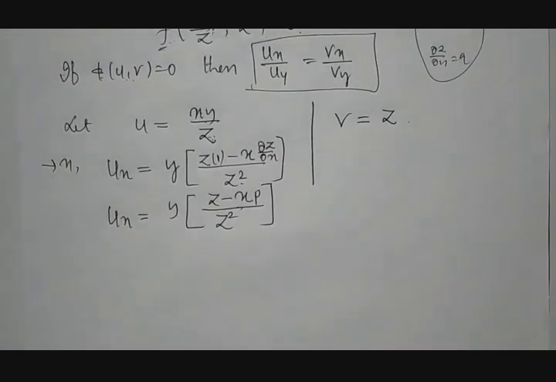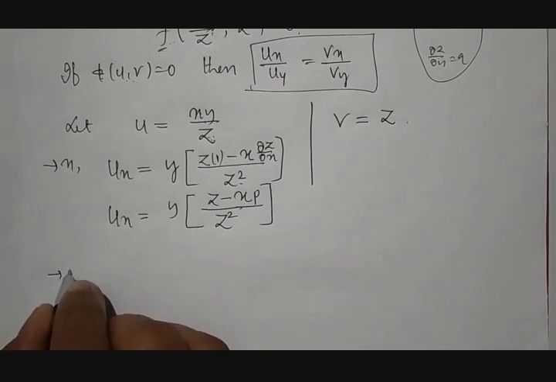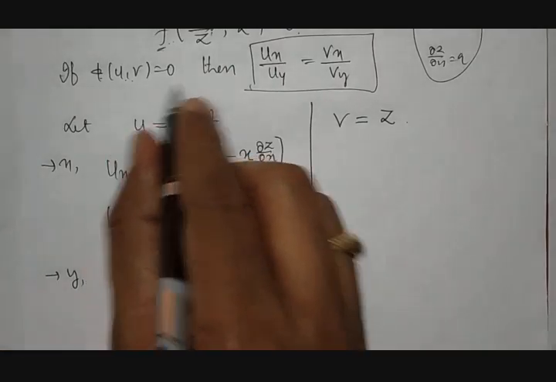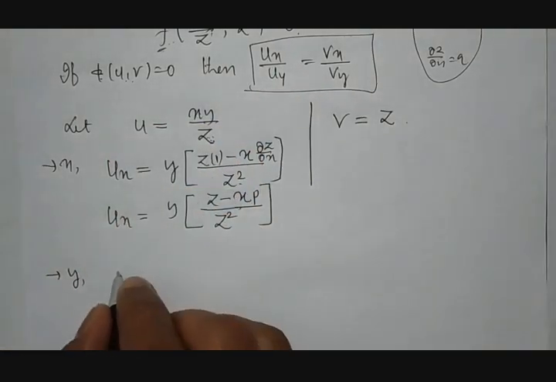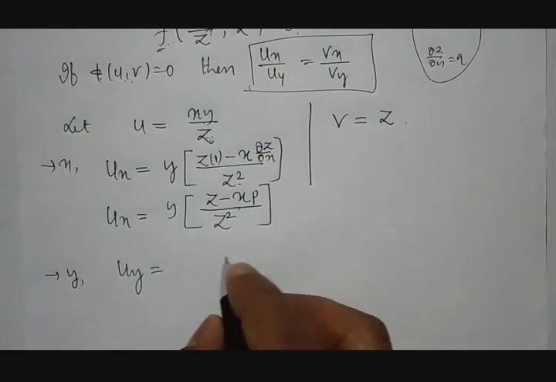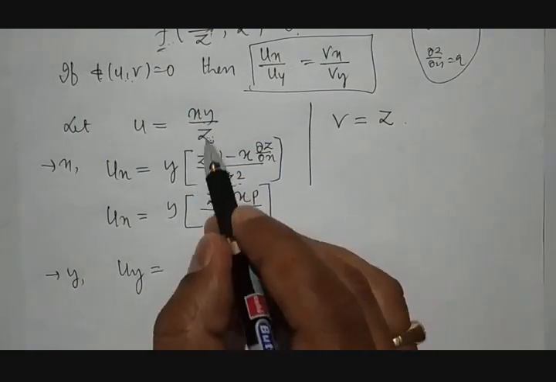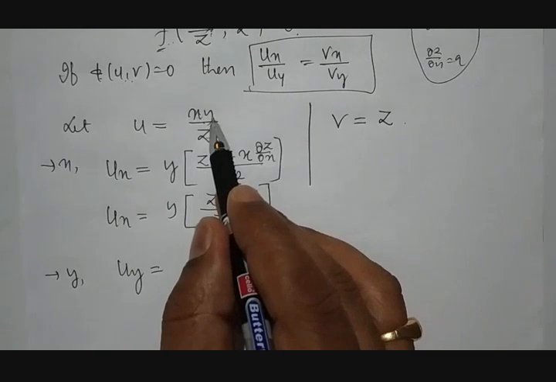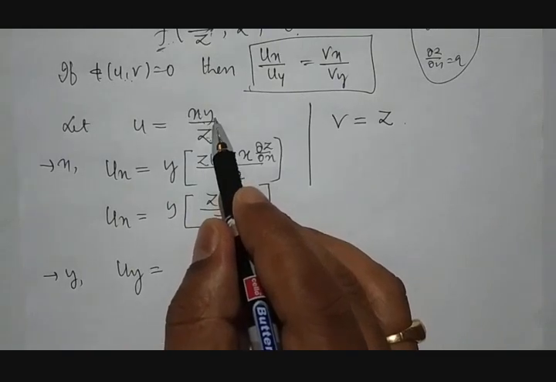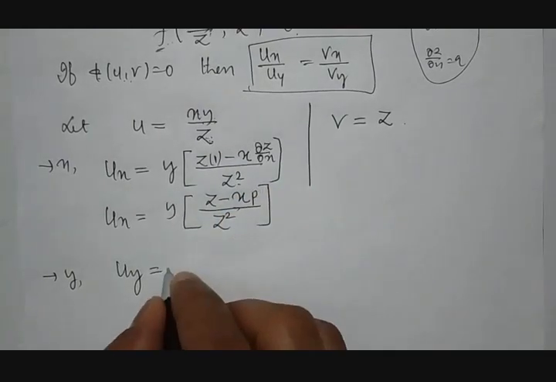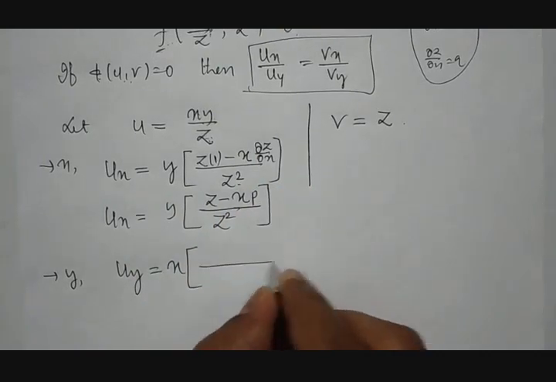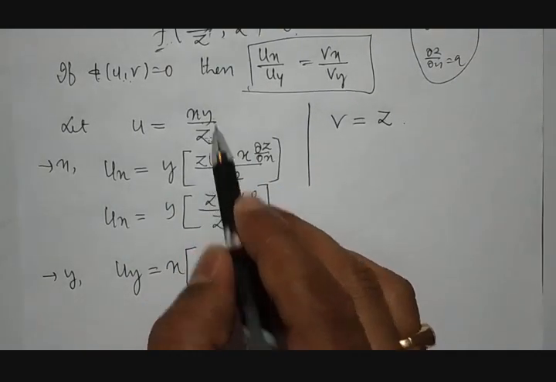We got ux. Similarly, if we differentiate this function with respect to y, then what will we get? uy is equal to, again with respect to y, y is going to be differentiated with respect to y, meaning x is constant. So keep it out. Then again what remains? y by z.